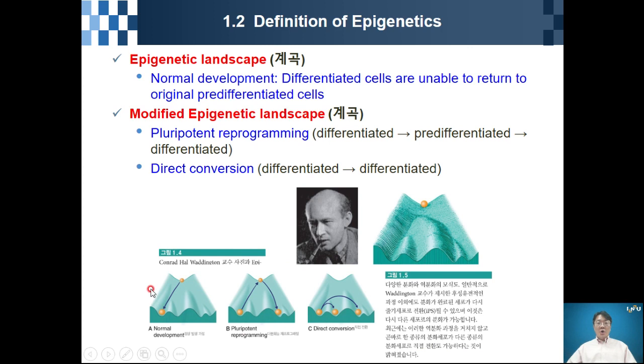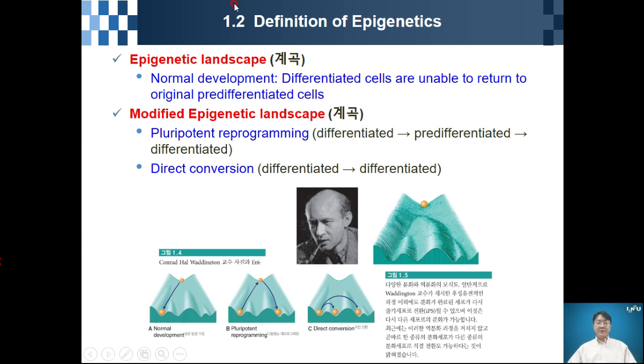After that, a pre-differentiated cell, due to several epigenetic changes, is changed to a differentiated cell. But in the epigenetic landscape, usually the differentiated cell is unable to return to its original pre-differentiated state. So this is the epigenetic landscape.